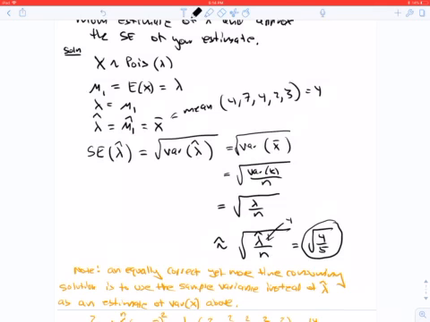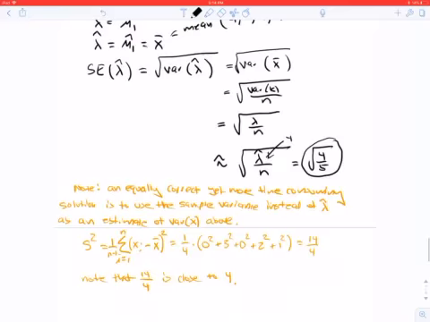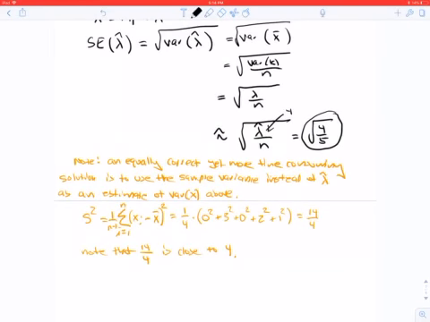And so there are two ways you can do that. One is you know that x being Poisson means that the variance of x is just lambda, and lambda we can approximate by lambda hat, which is 4. Another way is that the variance of x can be approximated by the sample variance, which we can also compute. But the sample variance is a little bit more laborious to compute. So instead of 4, you would get 14 over 4, which is close to 4.